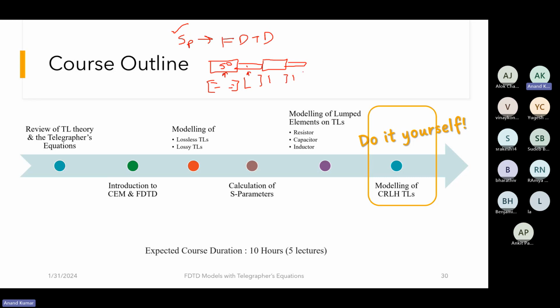Now, since they are ABCD parameters, we can multiply all of them. Once we multiply all of them, we'll get the ABCD parameter of the entire network. Don't care about any boundary conditions. We just write down the ABCD parameters for each individual section, multiply them, and get the ABCD parameter for the whole network.